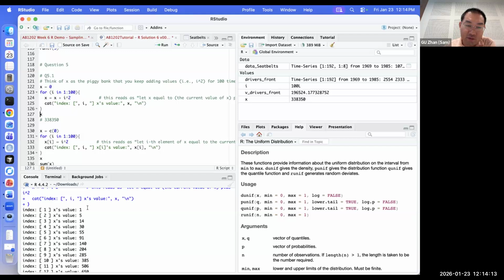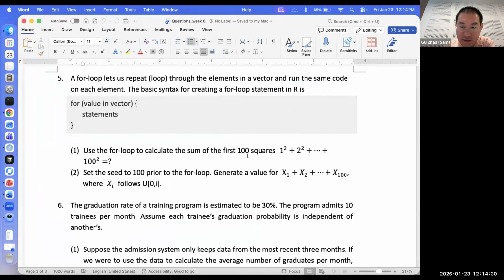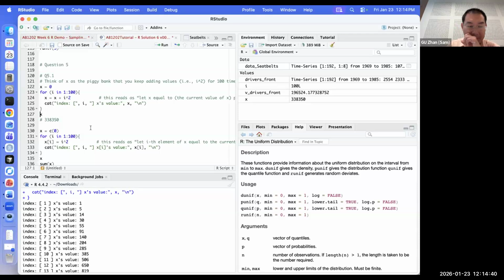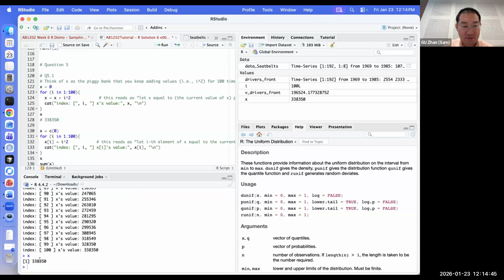The first run gives x equal to 1. The second run, x is now 1, plus now i is 2, 2 power 2 is 4, so 1 plus 4 is 5, so x equals 5. And so on: 1 square, 2 square, 3 square, 4 square. So x contains all those values. Finally, x equals this value.